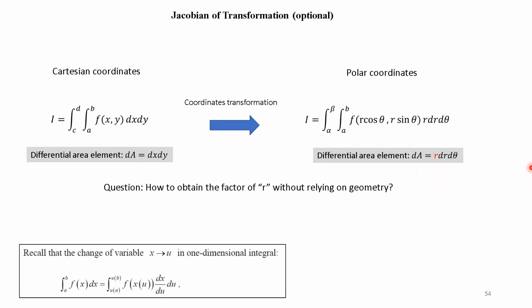Because what we are doing here is a change of variable. Geometrically it is a coordinate transformation, and mathematically it is a change of variable. Remember that when you learned about integration for a function of just one variable, we also did a change of variable before, right?